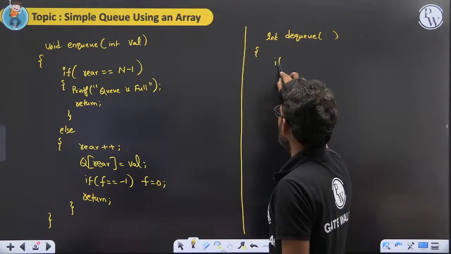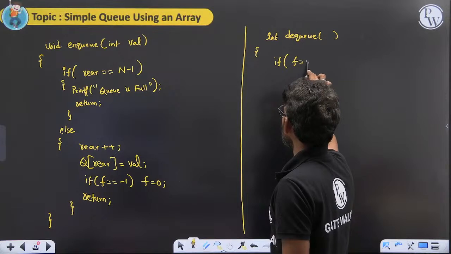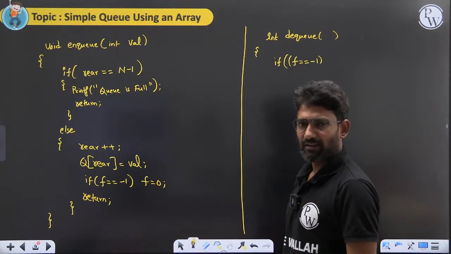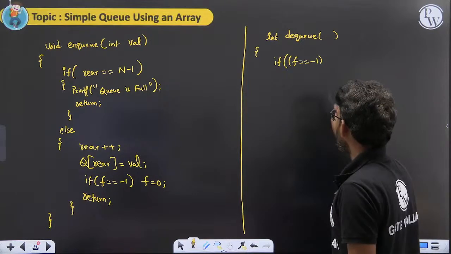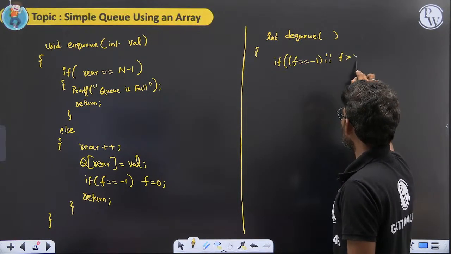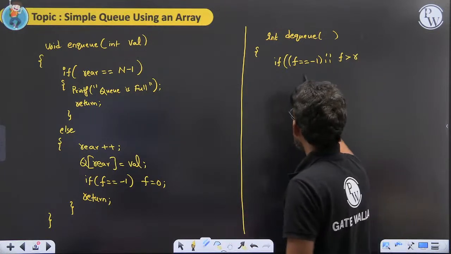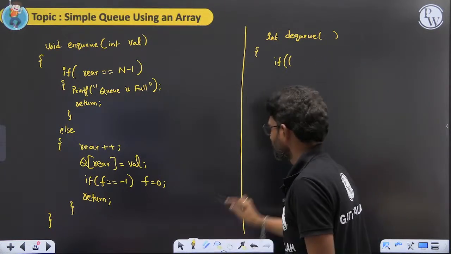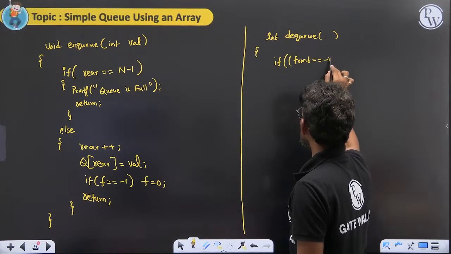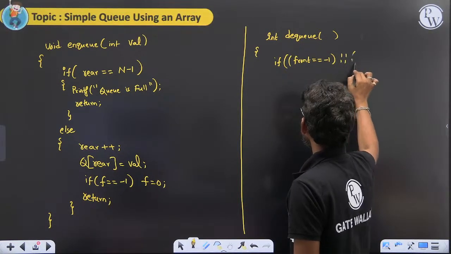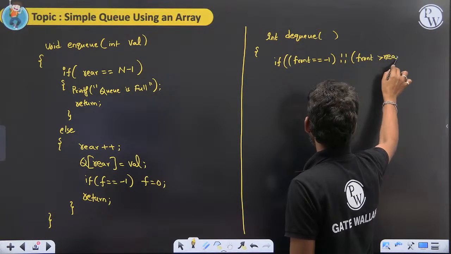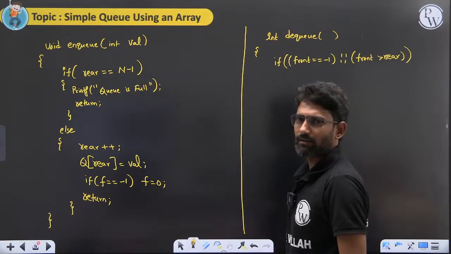So here I have written, if front is equal to -1, there is nothing in the queue, or if front is greater than rear, then also I can say there is nothing in the queue.